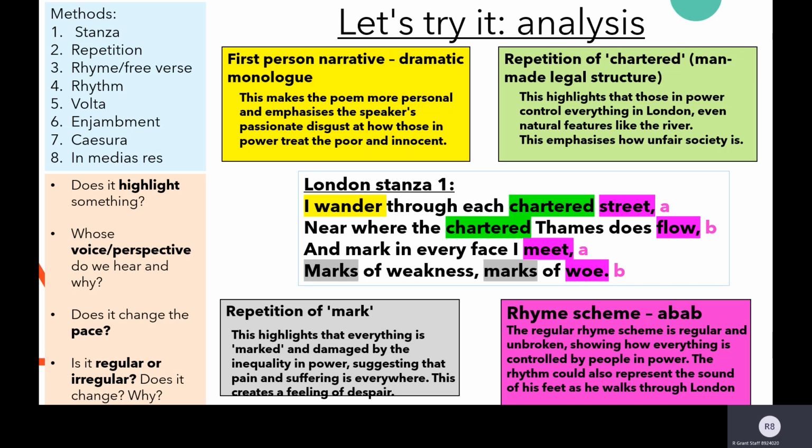I've put the rhyme scheme is regular and unbroken to show how everything is controlled by those in power. The rhythm could also represent the sound of his feet as he walks through London. It makes it seem very personal and kind of puts the reader in his shoes to empathise with him and see how unjust and how unfair it is.